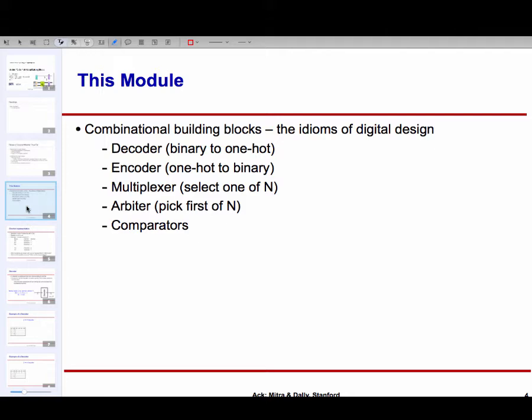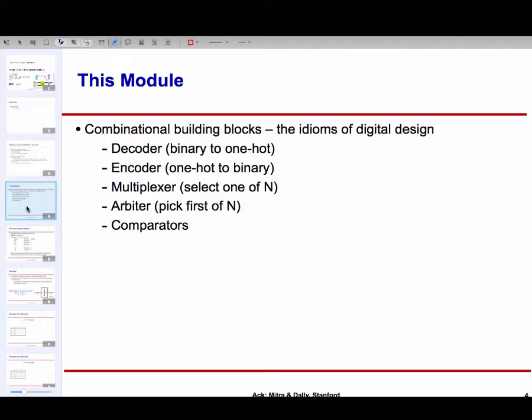Multiplexer, again, comes from the term to multiplex: it can handle multiple inputs and steer one of them to the output. Arbiter, with the plain English meaning, arbitrate, selects a winner.